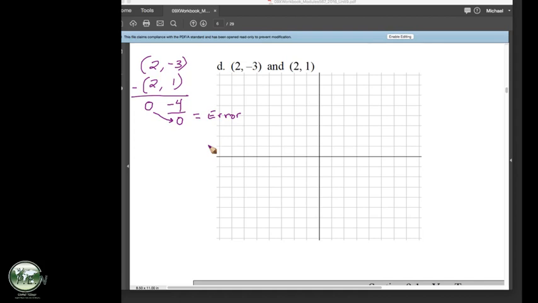Okay, and I have a different answer for this that they don't ever let me use, but I'm going to do it anyway. So (2, -3) is there, and (2, +1) is there.